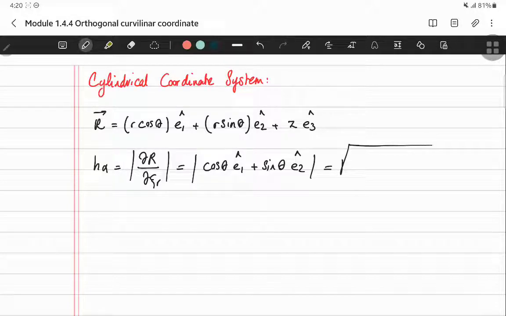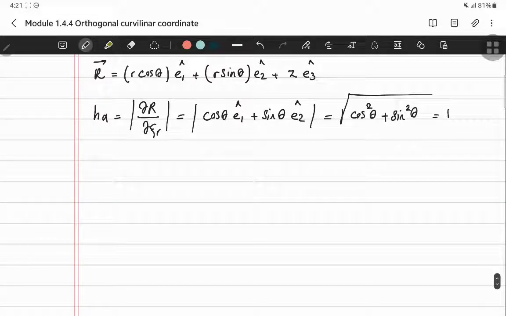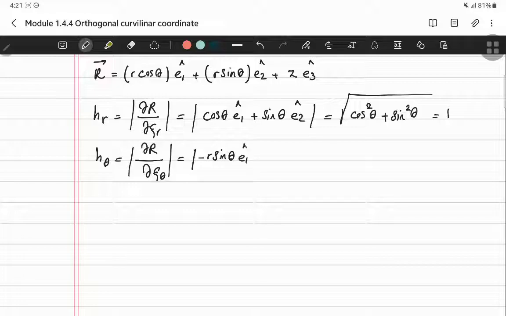So this becomes cosine squared plus sine squared, which is equal to 1. Then this is h r, and this is h theta. This is the partial derivative of r with respect to z theta, which is basically minus r sine theta e1 plus r cosine theta e2.